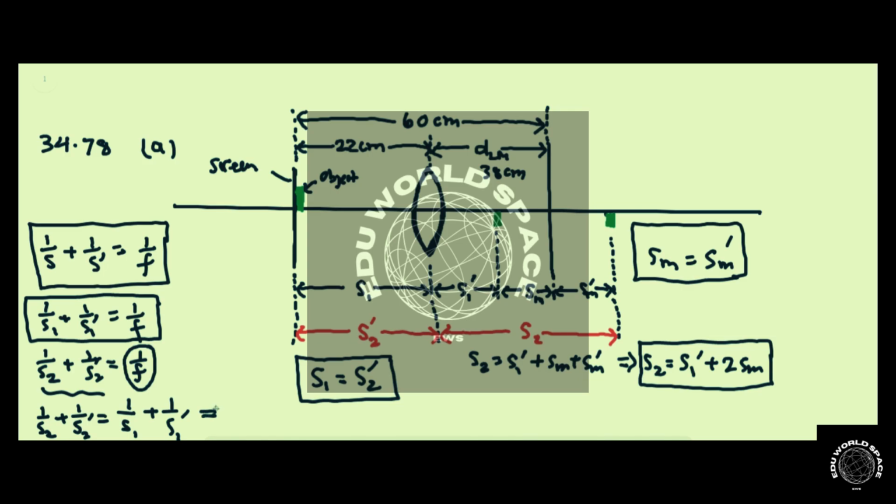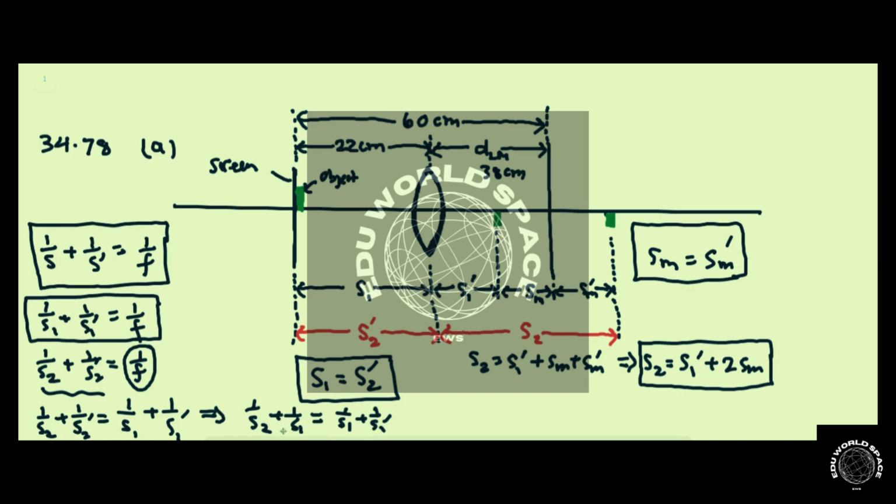So 1 over S2 plus 1 over S2 primed, which is now S1, is equal to 1 over S1 plus 1 over S1 primed, right? So the right-hand side I put over here, and on the left-hand side I replaced S2 primed by S1.